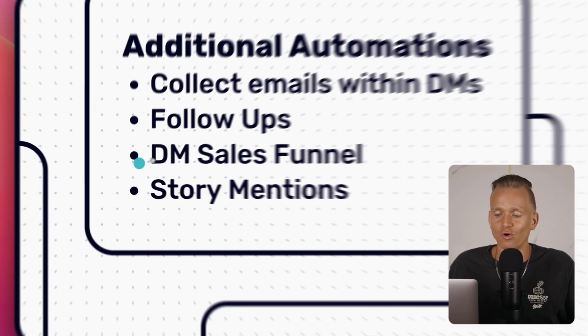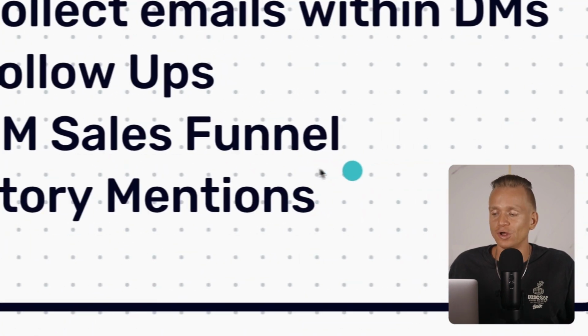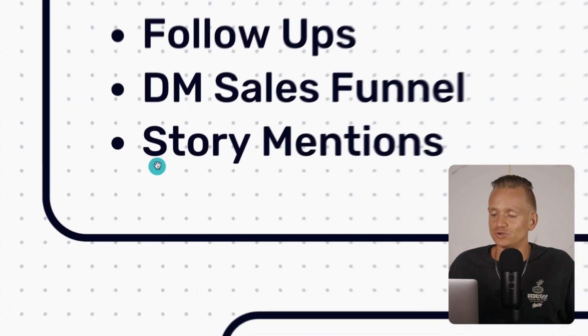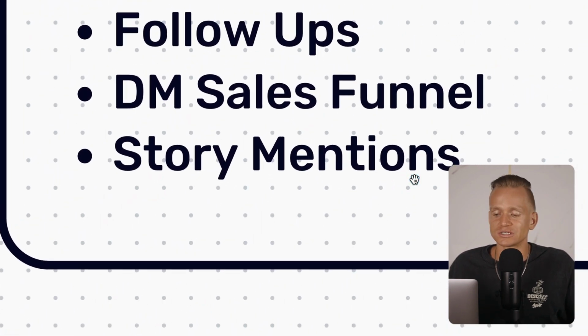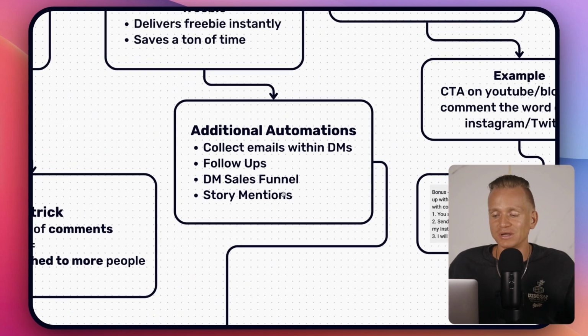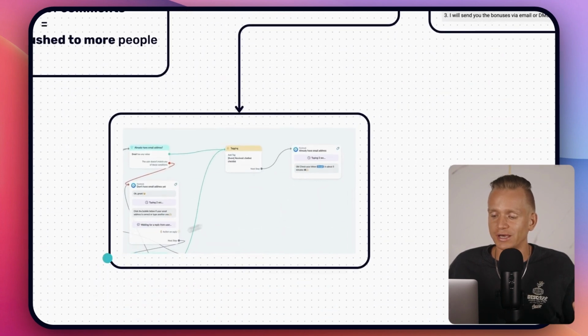So you can create a whole sales funnel, like what I mentioned, and you can do story mentions. You don't just have to do it on your posts with Instagram. For example, if you post a story, or if someone mentions you, that can be a trigger, or if someone puts a specific word and stuff like that. So there's a bunch of different automations you can set up.